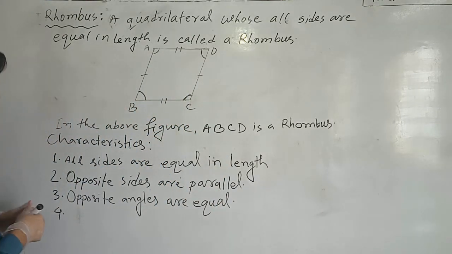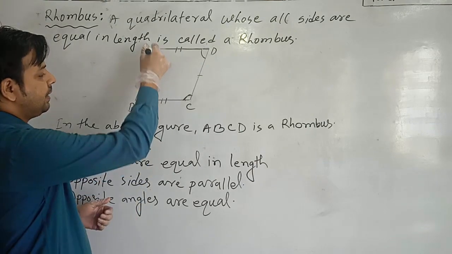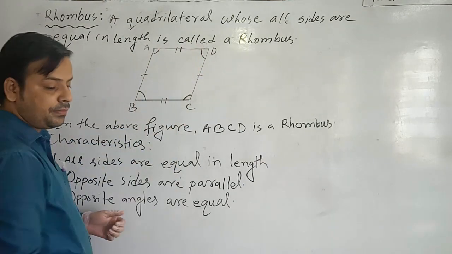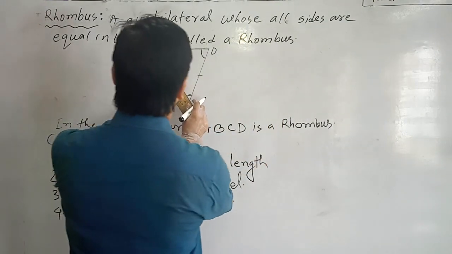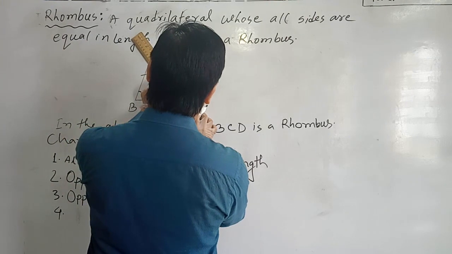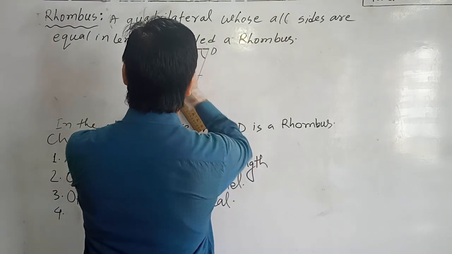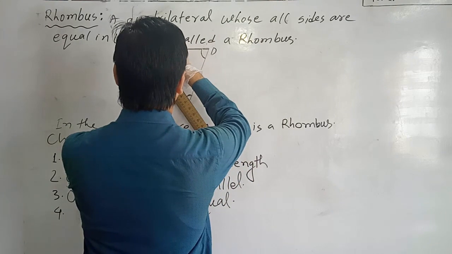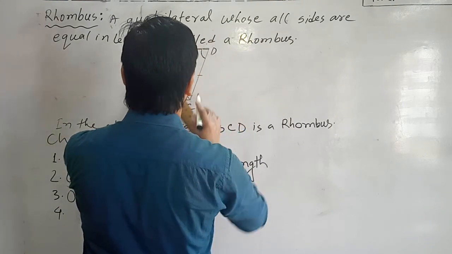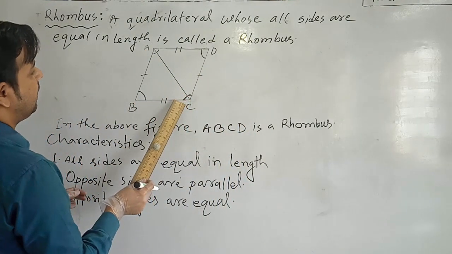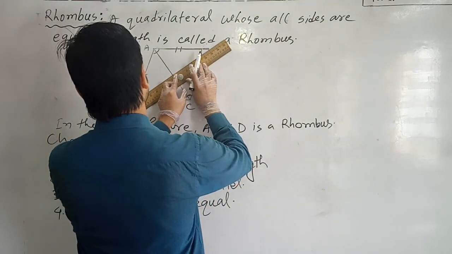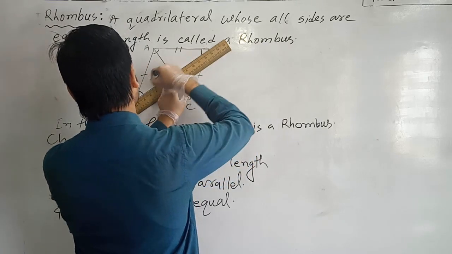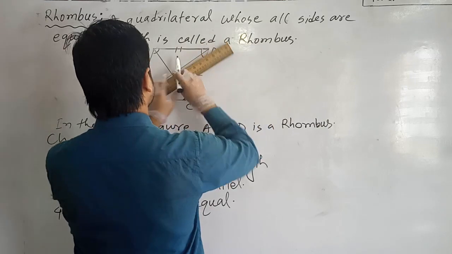Now, next characteristics. If we join A and C, this will be a diagonal AC, and join B and D. This will be another diagonal, that is BD.